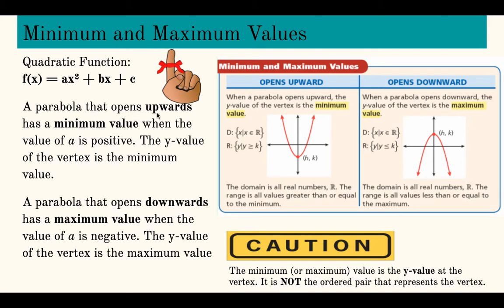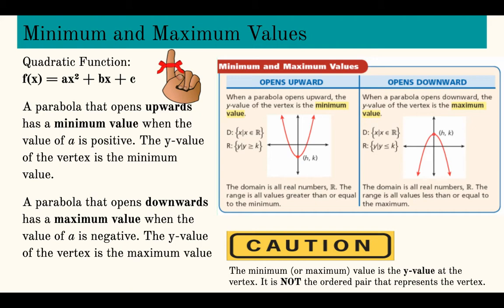A parabola that opens upwards has a minimum value, where the value of a is positive. The y value of the vertex is the minimum value. A parabola that opens downwards has a maximum value, the highest point, when the value of a is negative.